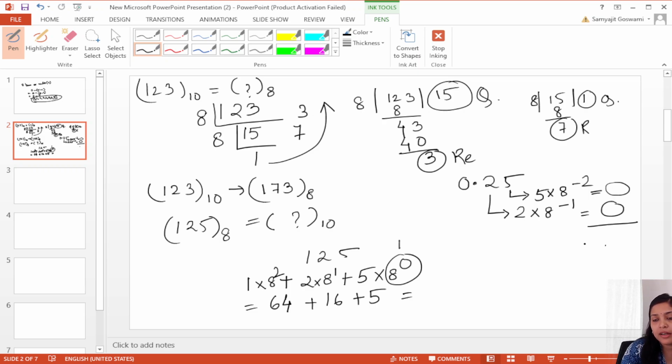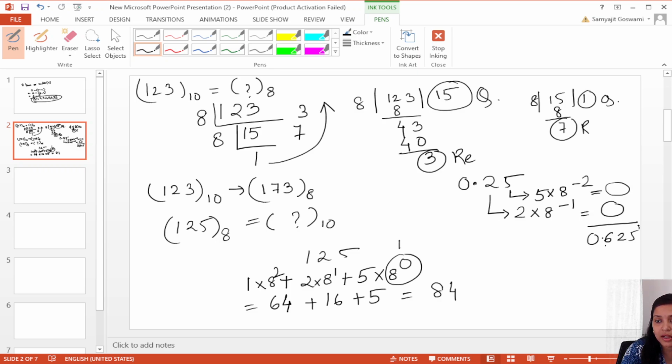Let us consider the result will come like 0.625. For the integer part, 64 plus 16 plus 4 comes to 84.